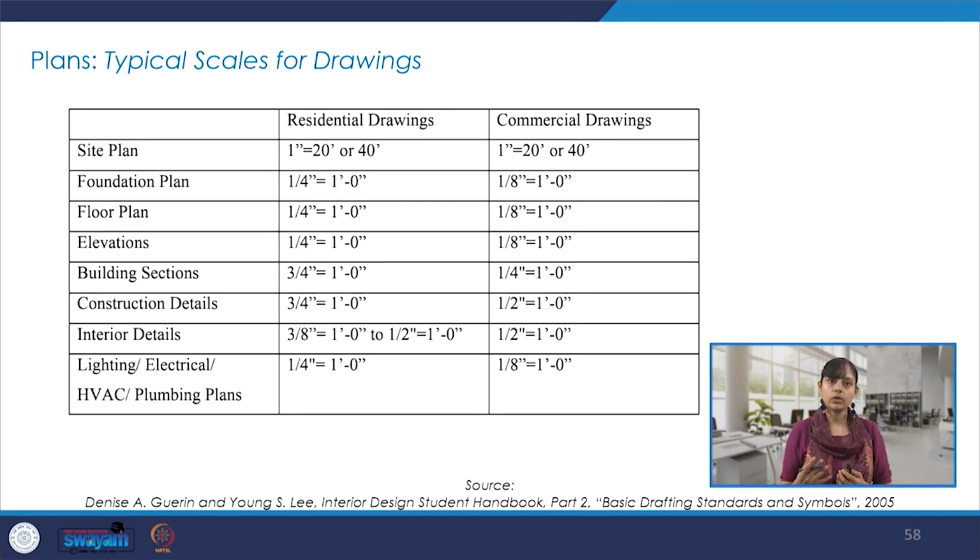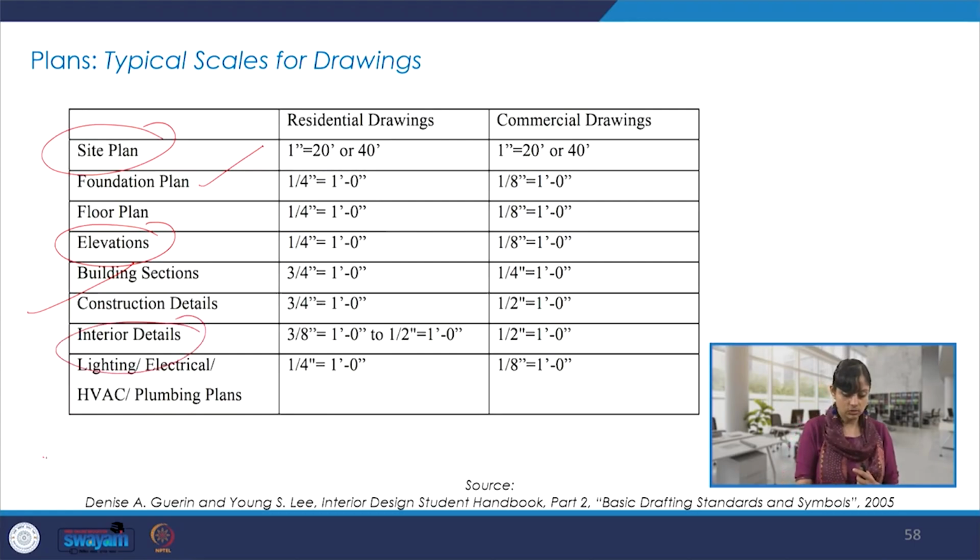Also understanding what are the different kinds of plans and what are the typical scales on which we produce them. So starting with the site plan and foundation plan, floor plans, very, very crucial for interior architecture projects, elevations of course, very important, different elevations, building sections, details of the construction, details which are on a zoom-in scale and with more elaborate details in the sense they can be executed on site.